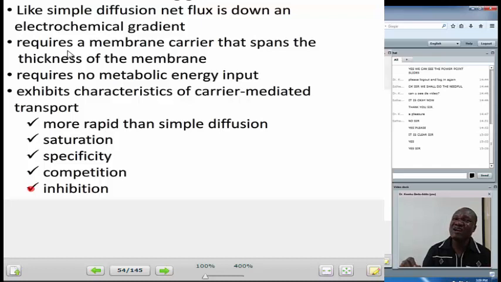Now, the carrier would be moving D-glucose if it were present alone, or will be moving L-glucose if it's present alone. Now, if we have both D and L-glucose present, they will compete for the point of attachment on the carrier to be ferried across. So we say that they are competing for the carrier. Now, I'll use an example.